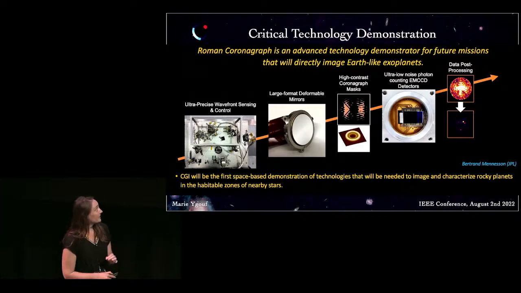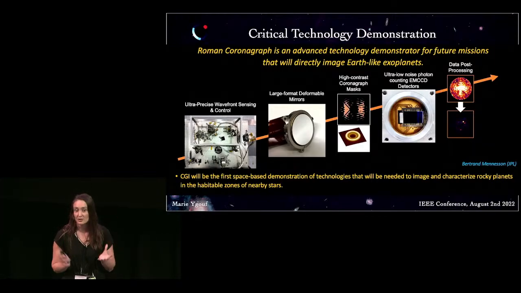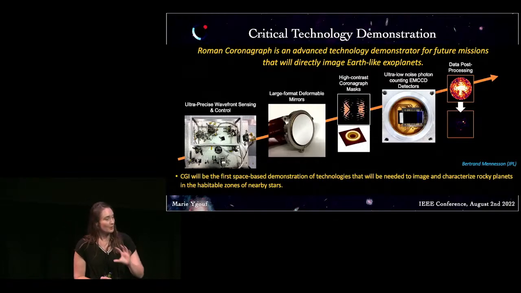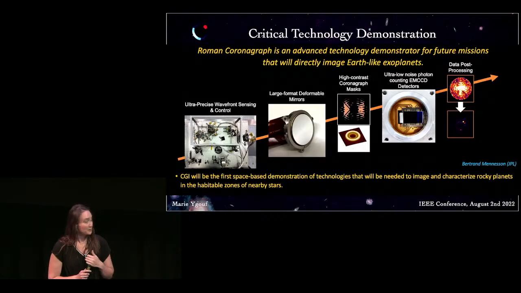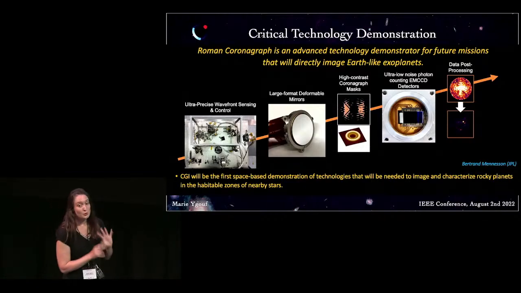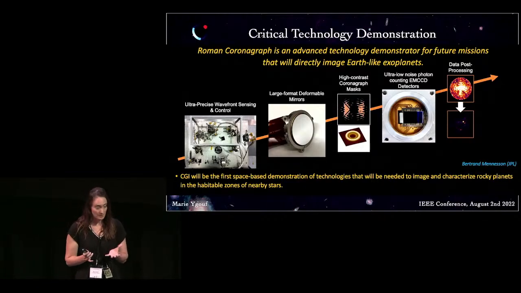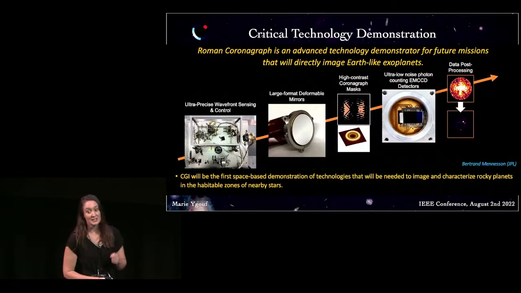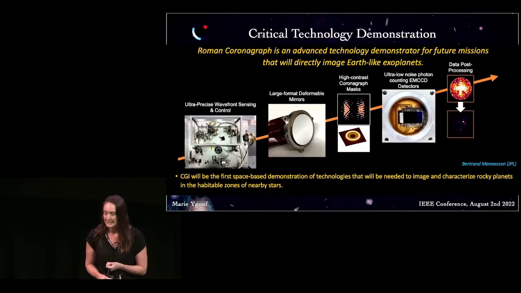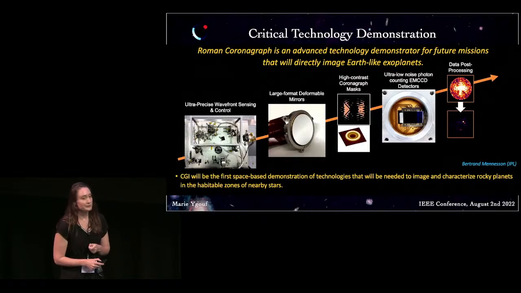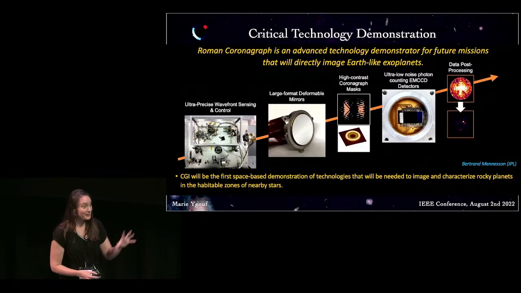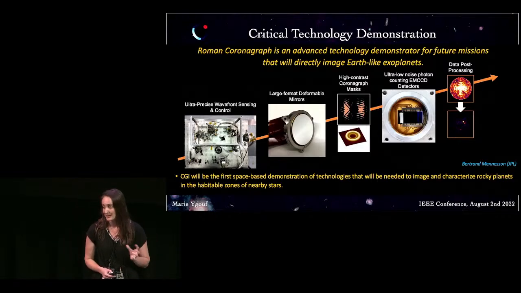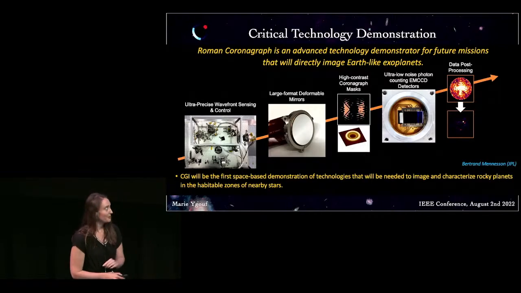By that I mean that the entrance pupil is occulted by the secondary mirror and has thick spiders that really occult most of the primary mirror aperture. That makes high contrast imaging very tricky, and it was a challenge to design coronagraphs that compensate for this very tricky aperture, to be able to reach those contrasts.